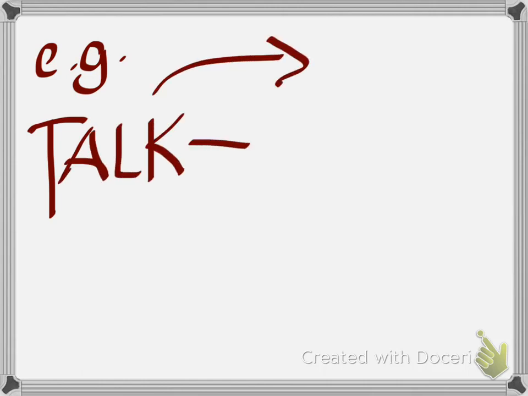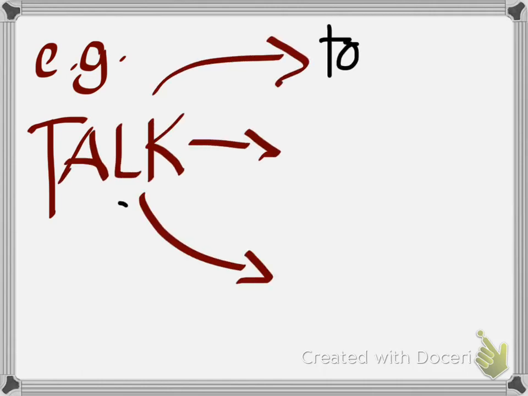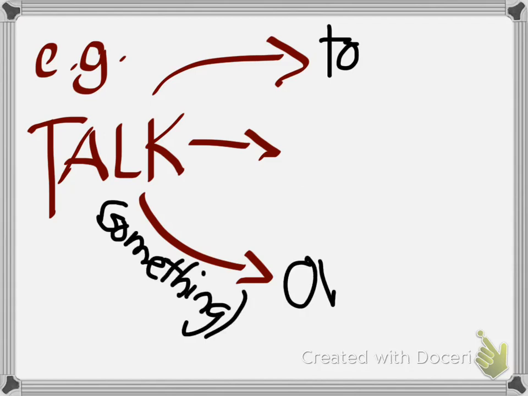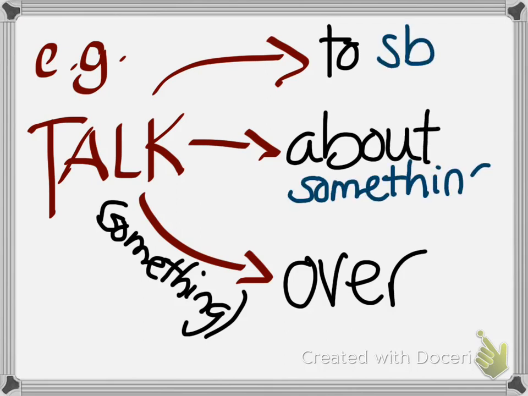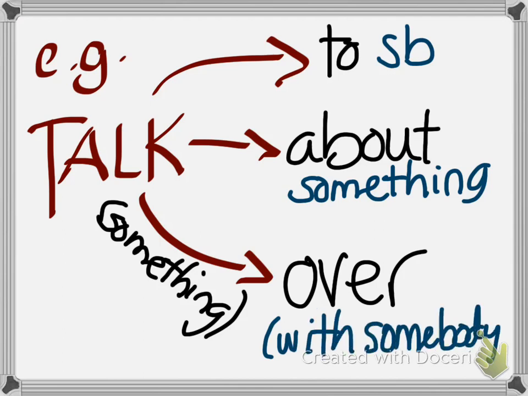Let's start with talking about what a phrasal verb is not. If you take the verb talk, for example, you know from experience that there are a couple of different prepositions or adverbs that you can use after talk, depending on what the object is. You can talk to somebody, you can talk about something, or if you're talking about a topic of discussion, you can talk something over with someone, especially if you're trying to find a solution.